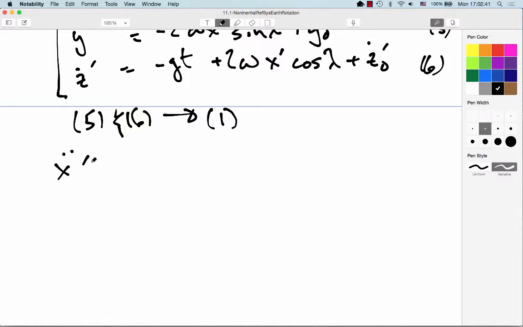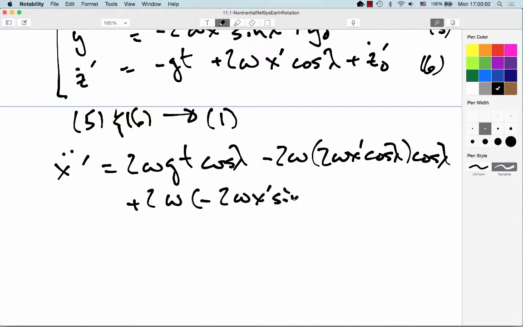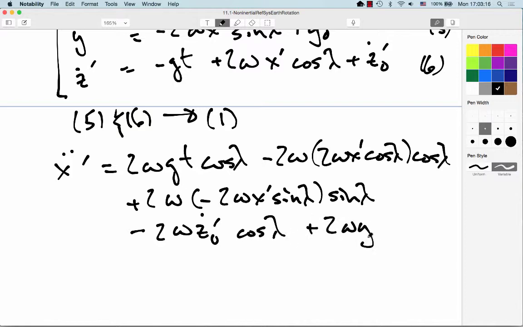So this becomes x double dot prime is equal to 2 omega gt cos lambda minus 2 omega times 2 omega x prime cos lambda plus 2 omega times minus 2 omega x prime sine lambda minus 2 omega z naught dot prime cos lambda plus 2 omega y naught dot prime sine lambda.